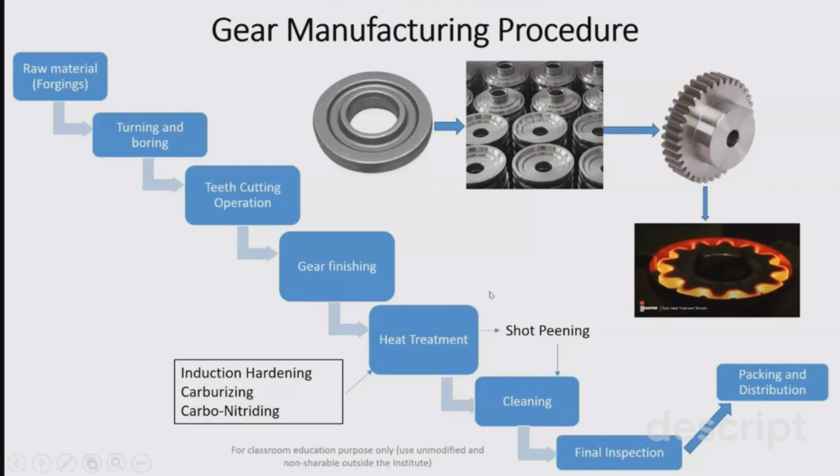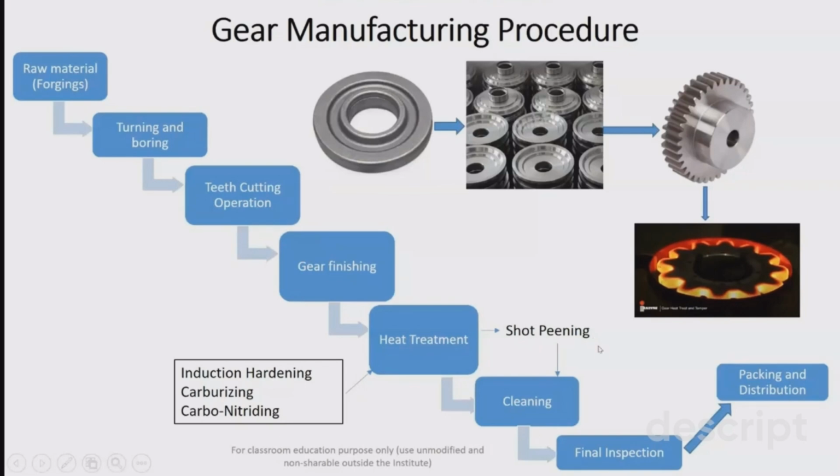on the teeth surface. You know that heat treatment may lead to the setting up of residual stresses. Moreover, the cutting operations and some gear finishing operations may also impart residual stresses and thermal stresses in the gears. Therefore, shot peening operation is used.